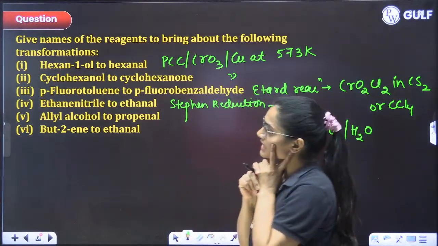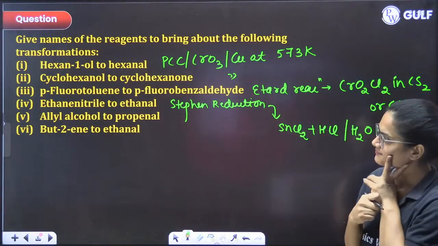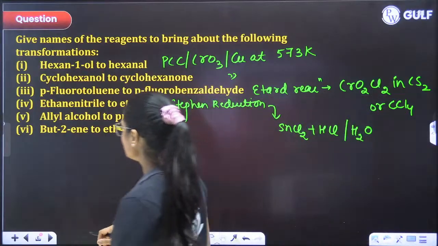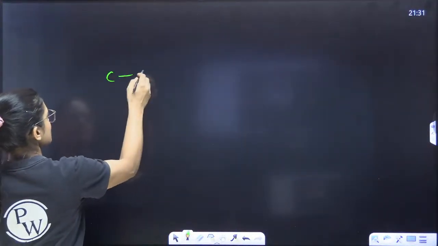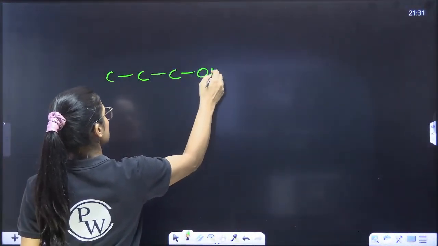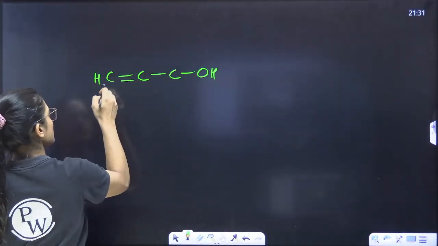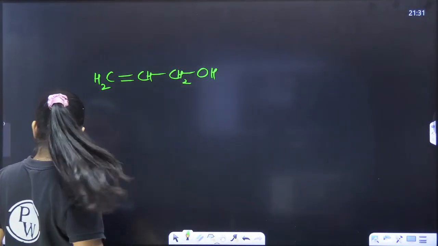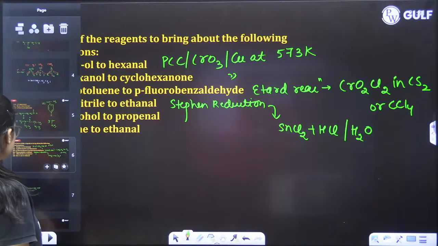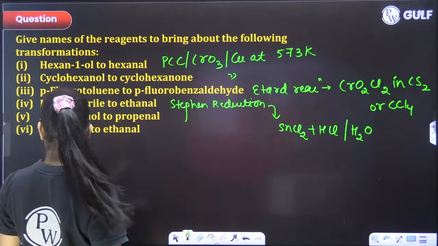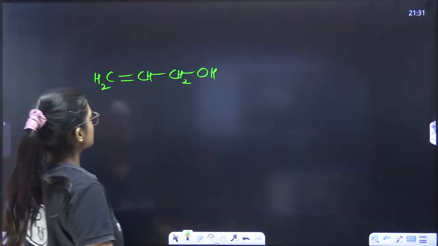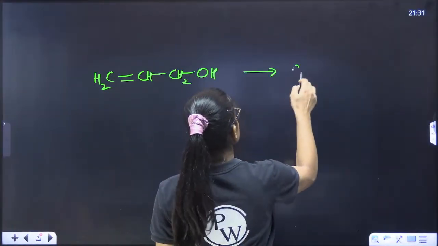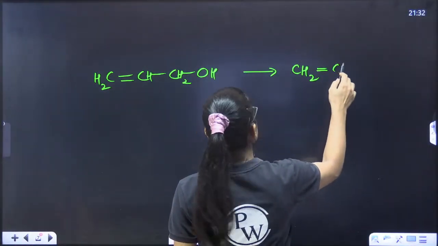Next, allyl alcohol to propenal. What is allyl alcohol? This is allyl alcohol, and you want to convert it into propenal, CH2=CH-CHO.